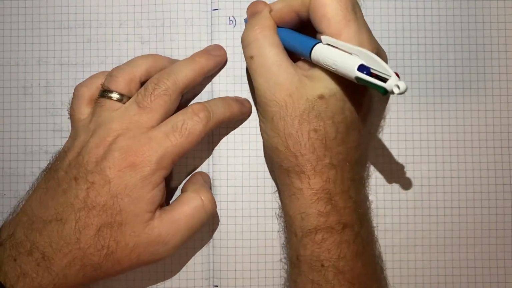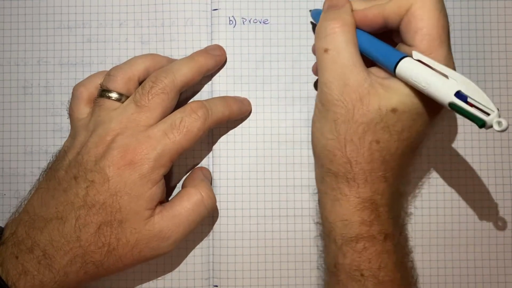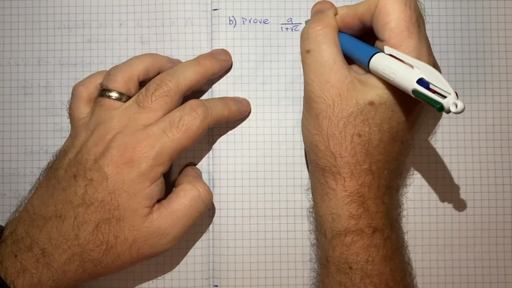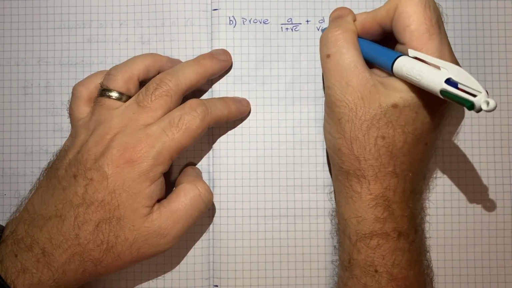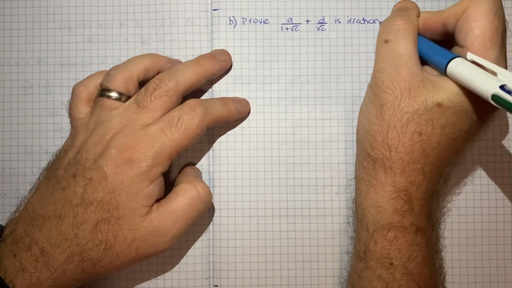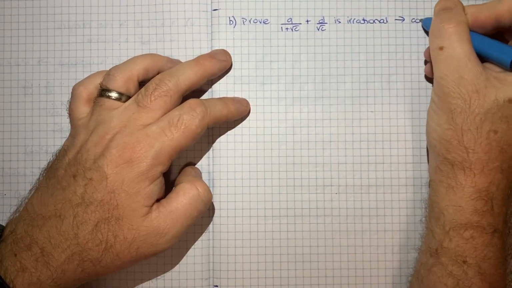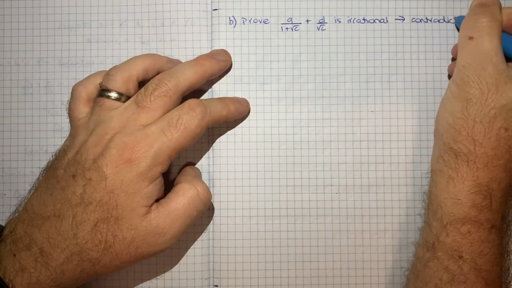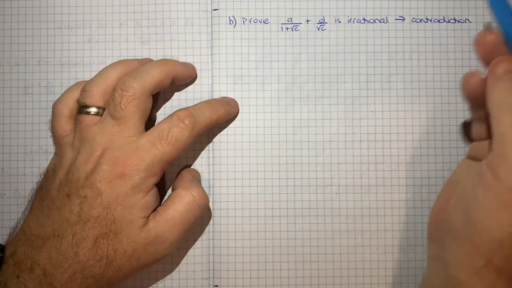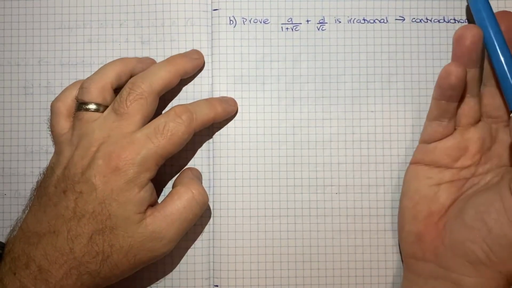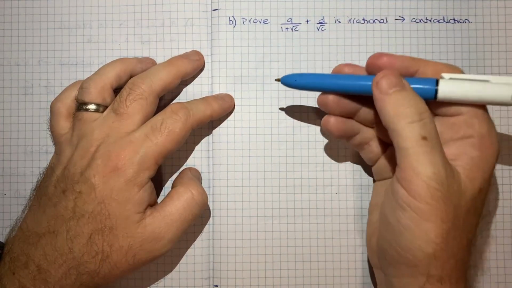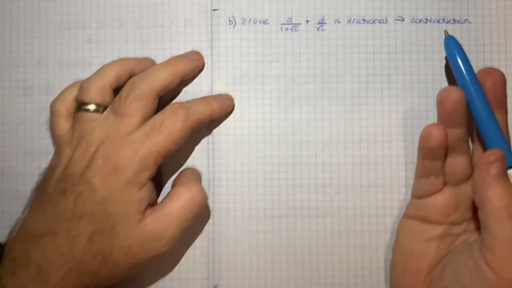So here, part B, we want to prove that a on 1 plus root c plus d on root c is irrational. And we're expressly told to use contradiction. So in this case, we can start by using that classic approach of assuming something and then following that assumption to a logical conclusion that can't be true.